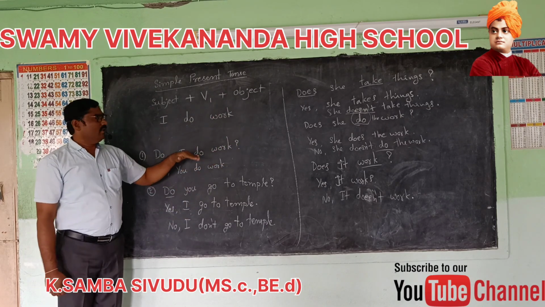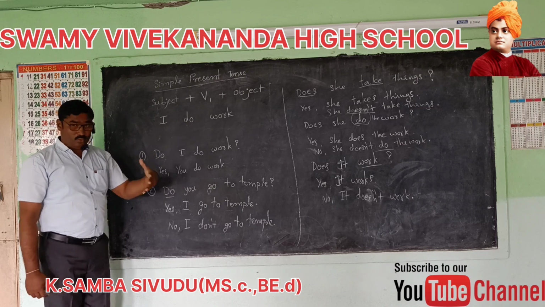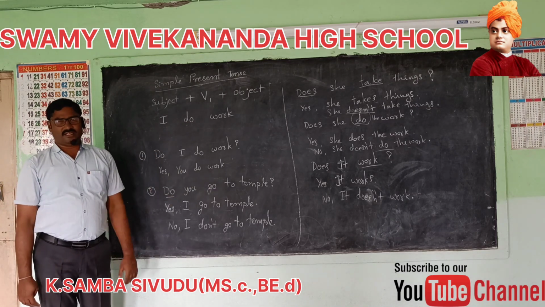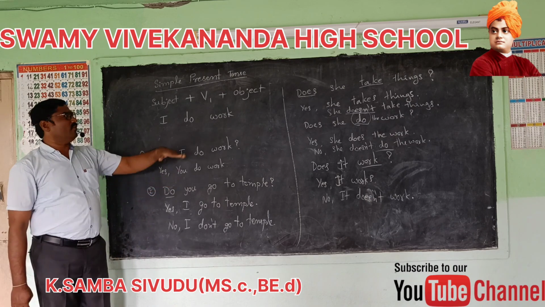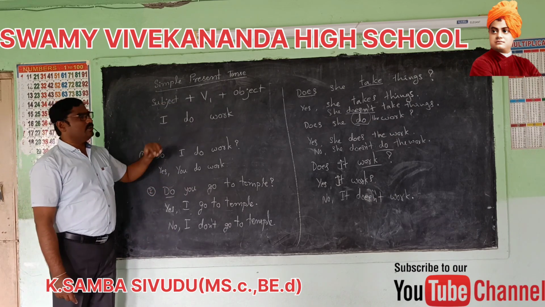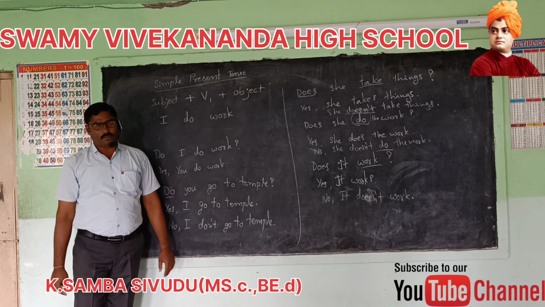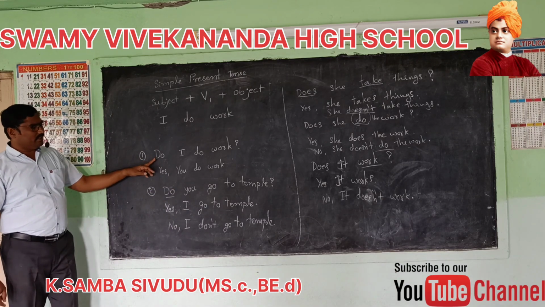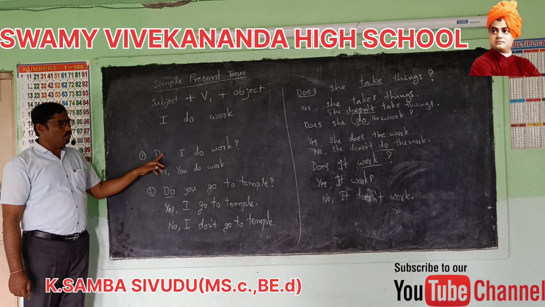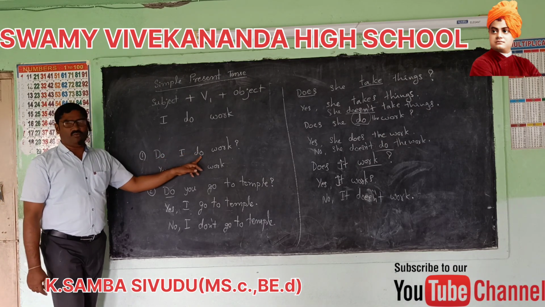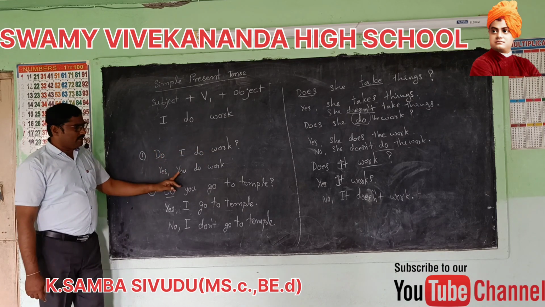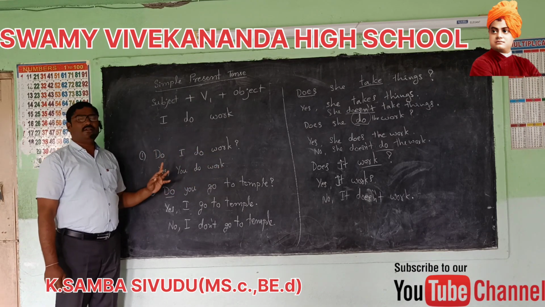The pronouns: I do work, you do work, we do work, they do work. It's the structure of simple present tense with the present form of the verb. And the interrogative sentence starts with do. Do I do work? Answer: you do work.